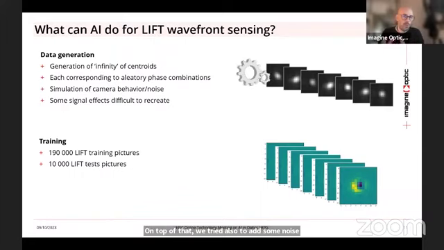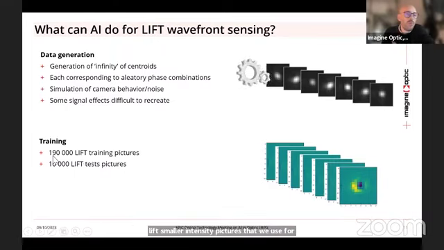There are also other contributions that are more complicated to take into account, like coherence of the signal and so on. It can be done better. And from all these centroids, we generated our small intensity pictures that we use for the training.